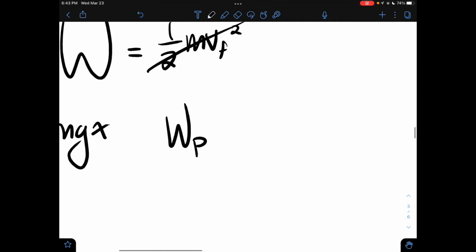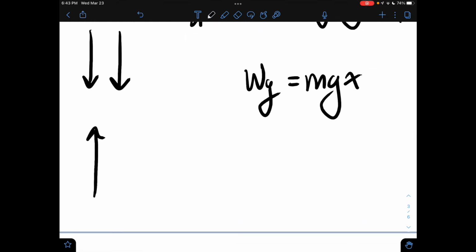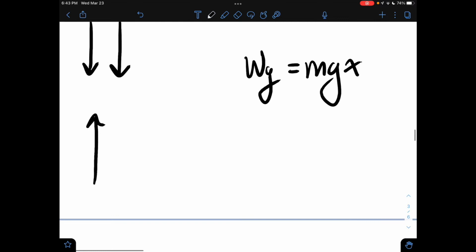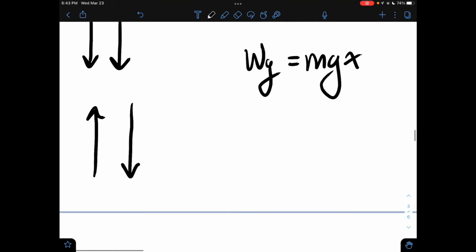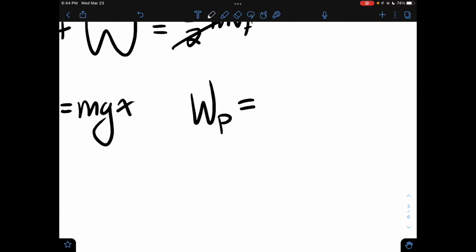So let's think about what work the pavement does. The pavement's going to be pushing up on the penny, but while it's falling into the pavement, it's still going to be going down. While it's slowing down, it's still moving downwards. So while it's in the pavement, it's going to have a negative work on the penny. And what's our equation for work?